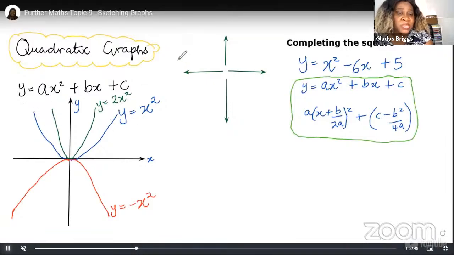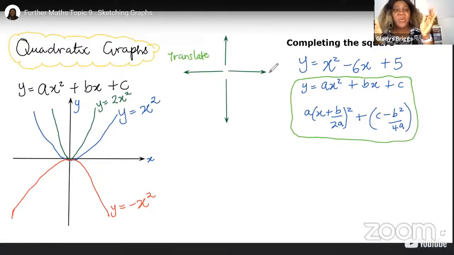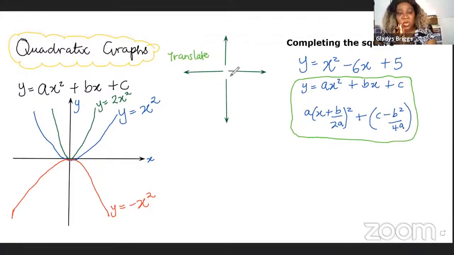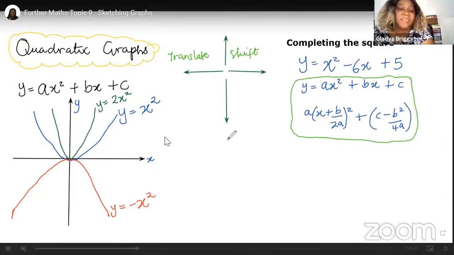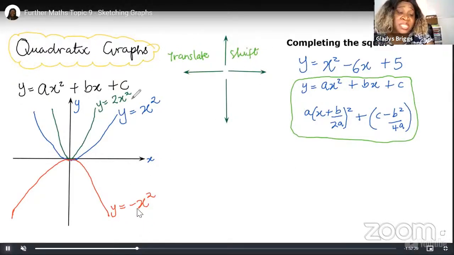For y is equal to x squared is the basic one. Y is equal to 2x squared is going to come halfway in between those ones. Y is equal to 4x squared is going to come halfway in between 2x squared and 0, yeah? And then y is equal to negative x squared is the one that is upside down, yeah?